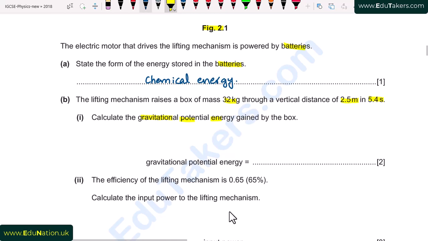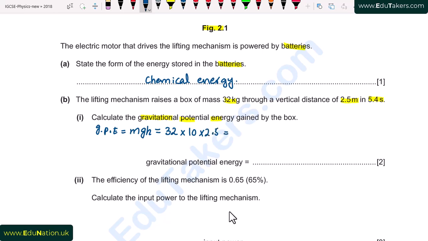So first of all, potential energy is the energy that is possessed by a body due to height. And I write here gravitational potential energy is equal to the product of mass, acceleration due to gravity and height or distance. So mass is given, 32 kg, multiplied by the value of g, which is 10, and height, that is distance, will be 2.5.